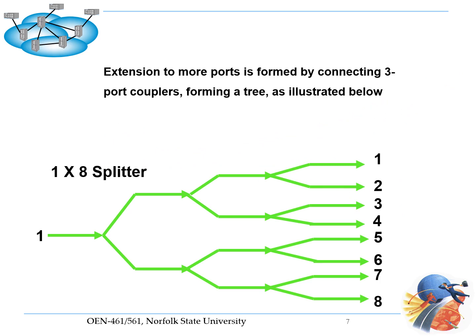A Y branch, Y coupler is good enough by itself to build 3-port devices, but if we need an extension to more ports, we can actually connect Y couplers together, forming a tree. For example, what is shown here is a 1/8 coupler or 1/8 splitter built by using Y branches.